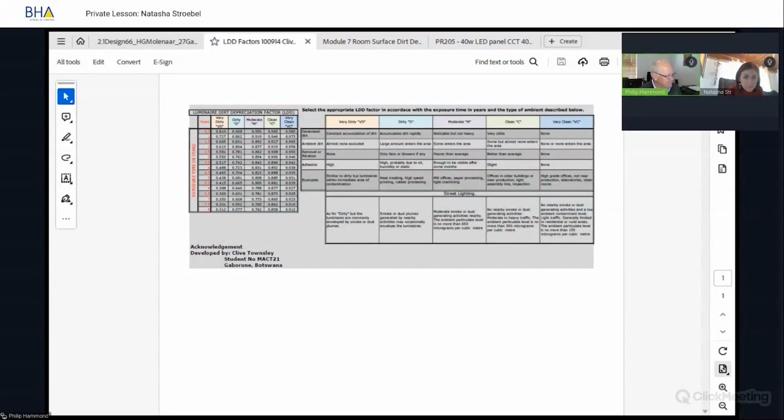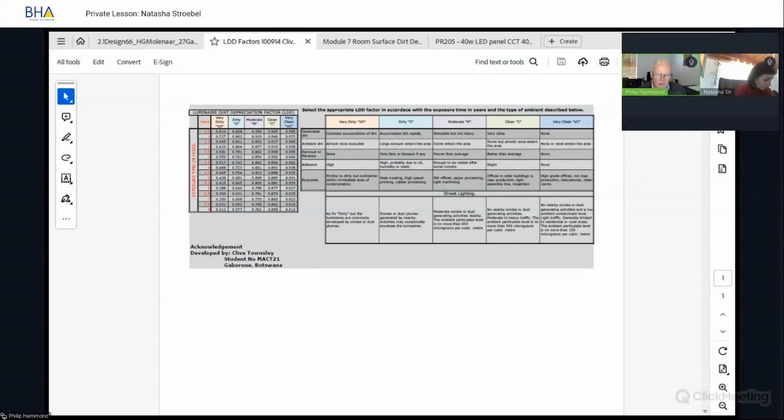The big section to the right of the little table with figures in it is a description of the place. It's very dirty, moderately dirty, clean, or very clean. Those are the categories, and it will tell you under each what that place is like.